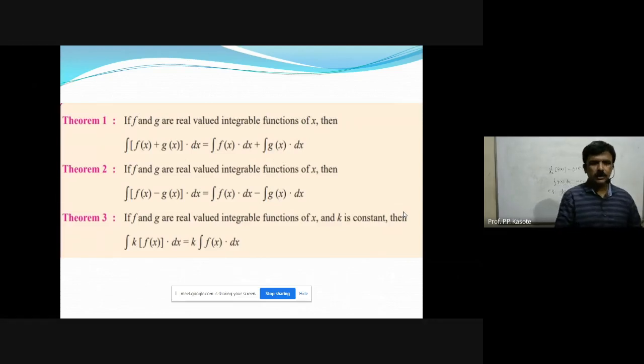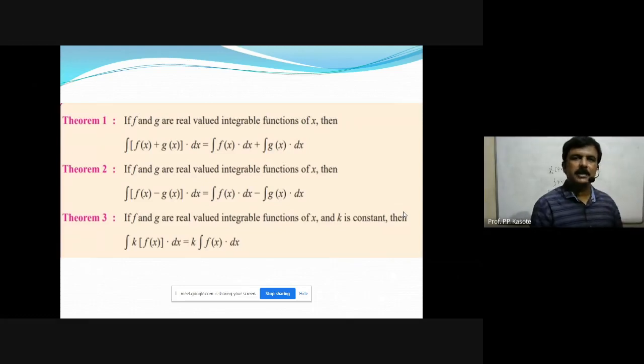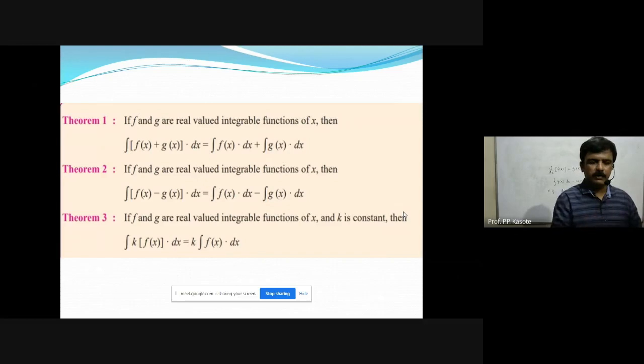Here also, you can observe that three simple rules are given to us that we need to follow while evaluating the integral of the given function. Look at the first one. If f and g are real valued integrable functions of x, then the integral of f of x plus g of x dx is equal to the integral of f of x plus the integral of g of x.